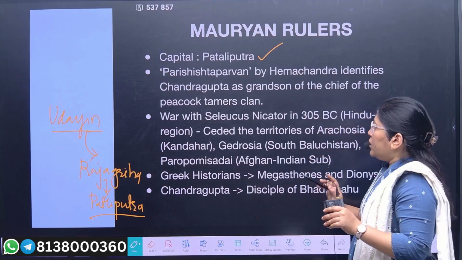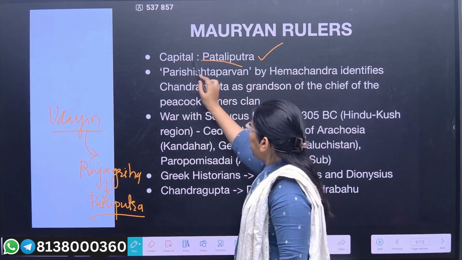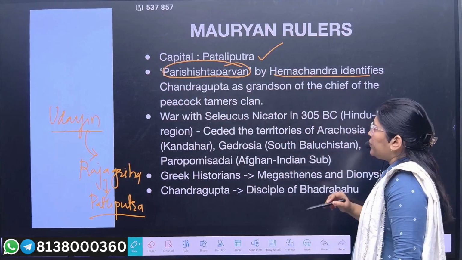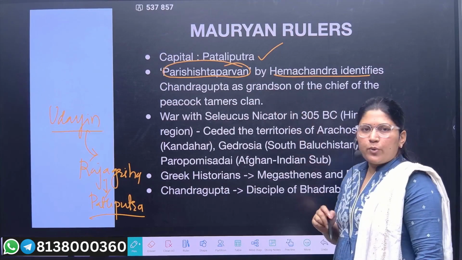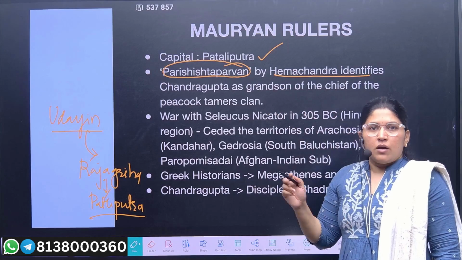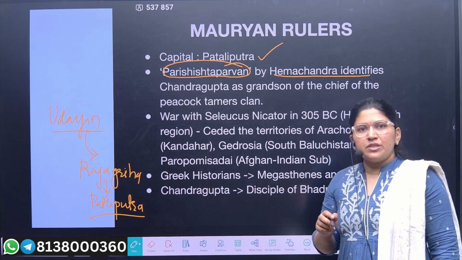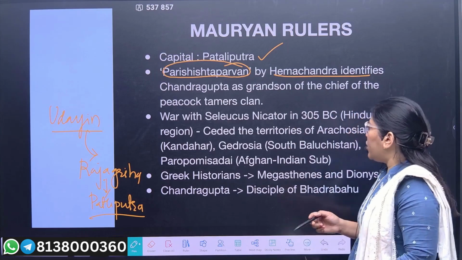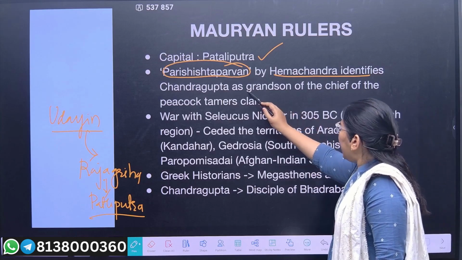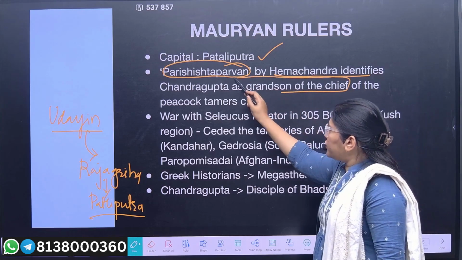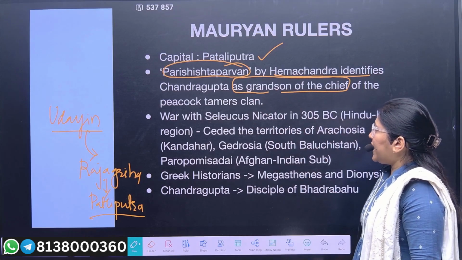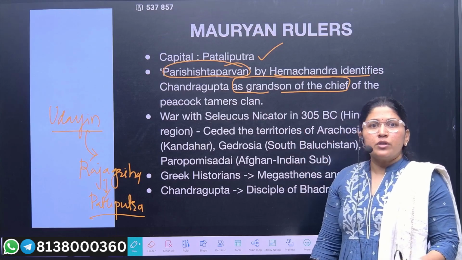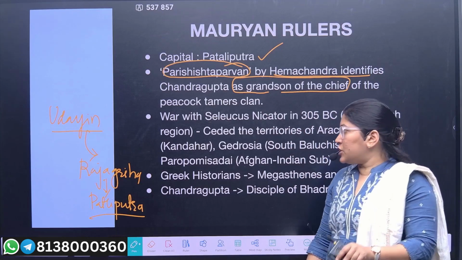Now the first is the Parishishta Parvan by Hemachandra. The Parishishta Parvan is a literary work written by Hemachandra. Hemachandra was also a courtier present during the Chandragupta period. Now Chandragupta was the grandson of the chief of the peacock clan, and that is why he was known as Chandragupta Maurya.